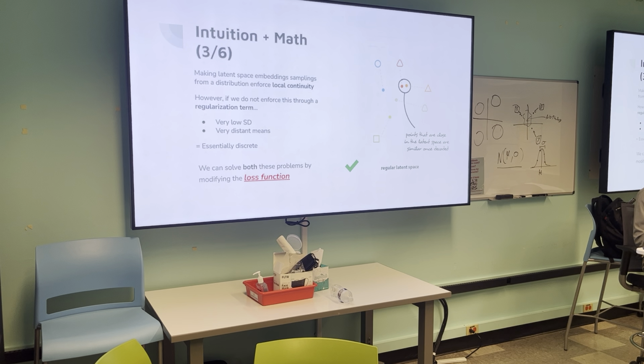Now, is anyone not familiar with what a loss function is? Yeah. A loss function, in deep learning, is essentially a way to say: here was the prediction your neural network outputted, and here's what you were supposed to output. A loss function compares the two and tells the neural network how good or bad it did. Usually a high loss means it did really badly.